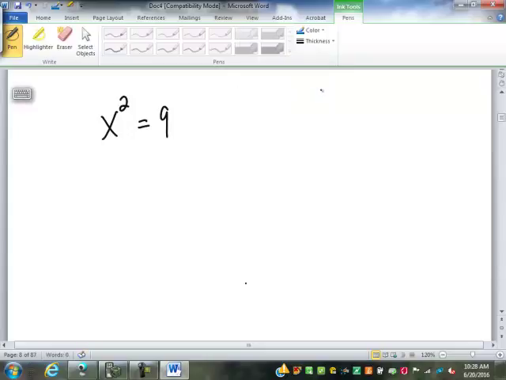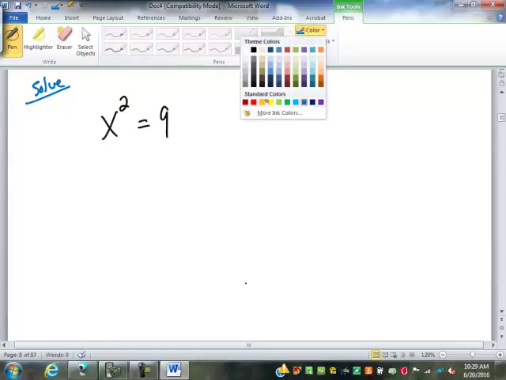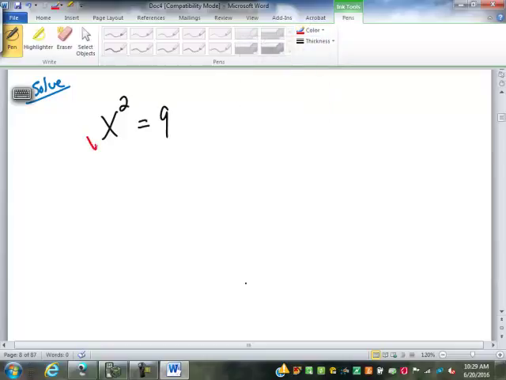So if we had an equation like this, x squared equals 9. If we're asked to solve it, we ask what's been done to the x. Well, here the x has been squared. What's the opposite of squaring something? Square root it.